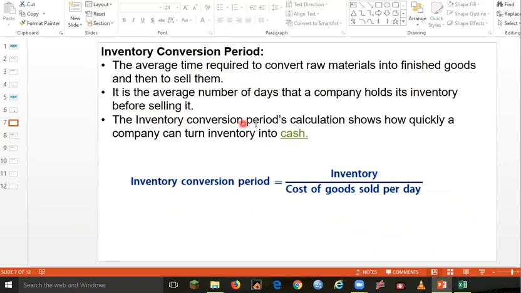The inventory period calculation shows how quickly a company can turn inventory into cash, and this is the formula. Inventory conversion period is equal to inventory divided by cost of goods sold per day. So you have to convert your total cost of goods sold into per day.